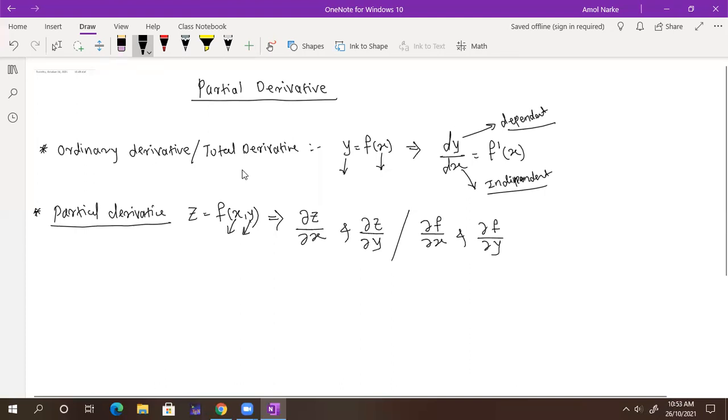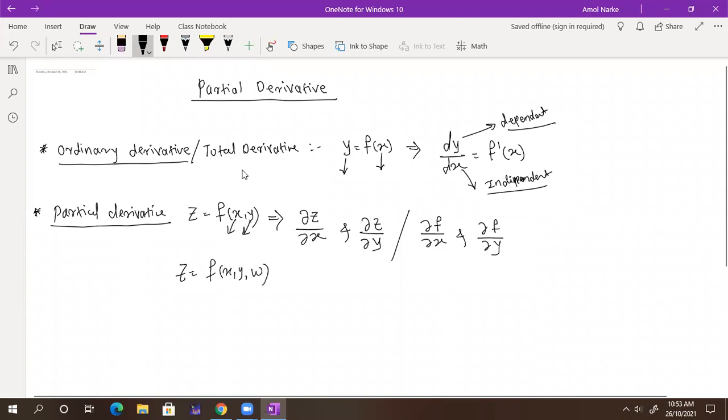So that is the main difference between ordinary derivative and partial derivative. In an ordinary derivative, you have only one independent variable, but in a partial derivative, you have more than one independent variable. Here, you may have z is equal to f of x comma y comma w.